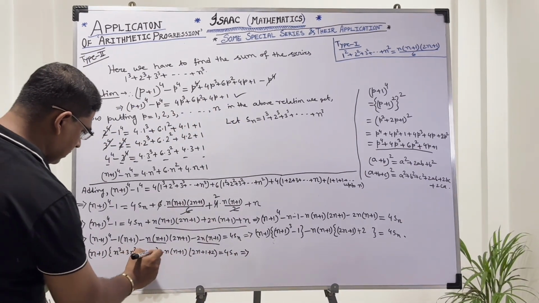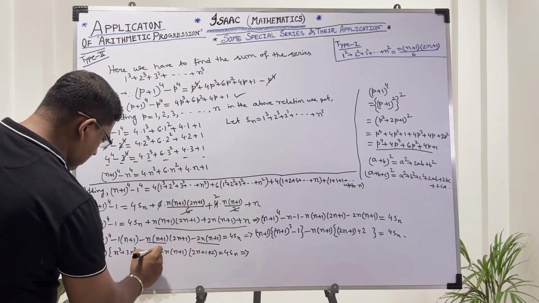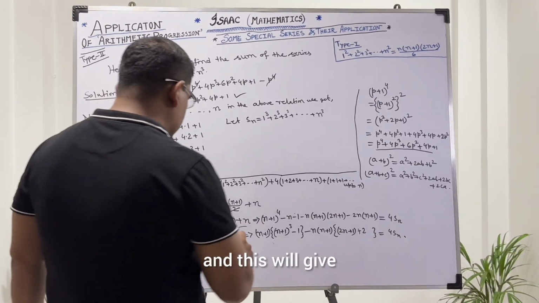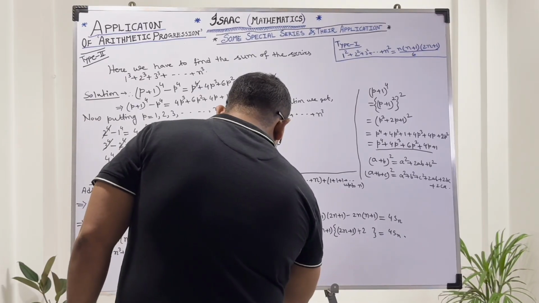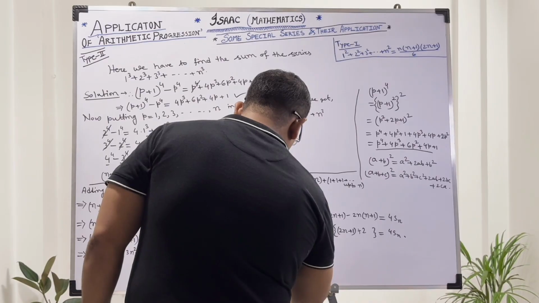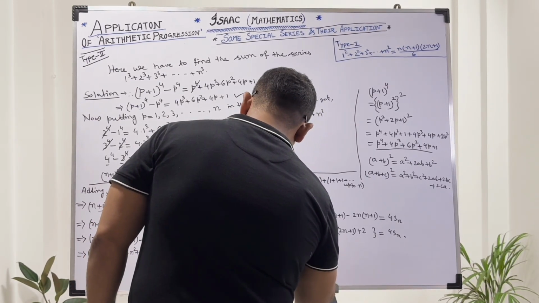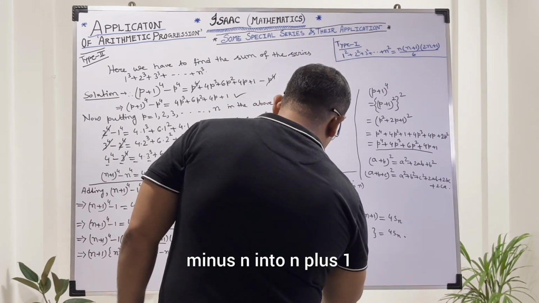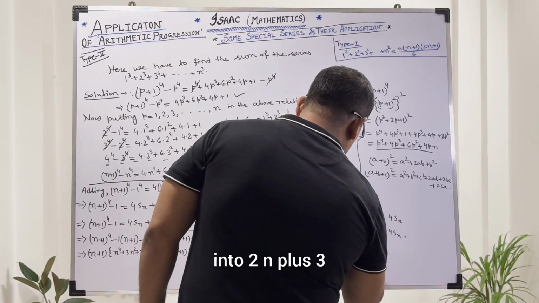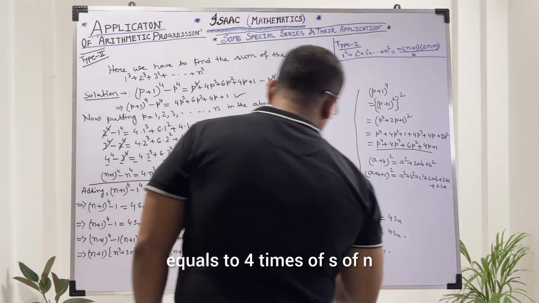We can cancel this plus 1 minus 1, and this will give (n plus 1) whole into n cube plus 3n square plus 3n, minus n into (n plus 1) into (2n plus 3), equals to 4 times of S of n.